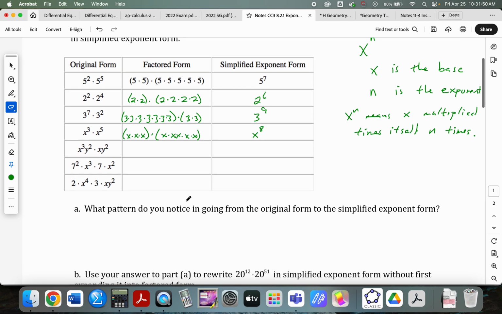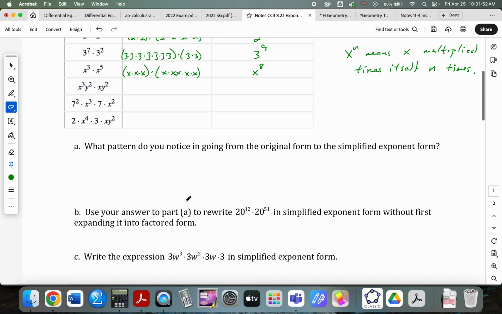All right, on this next one, I wanted to just stop before this one because sometimes students get confused. Here, we've got 3 x's multiplied together times 2 y's multiplied together. So that's going to be x times x times x times y times y.